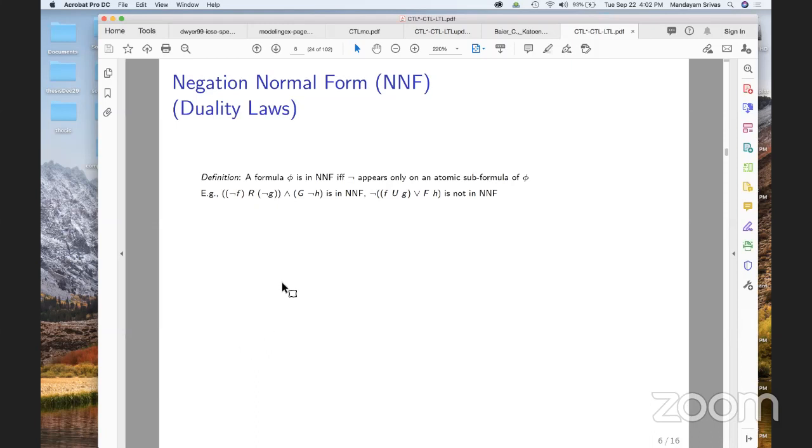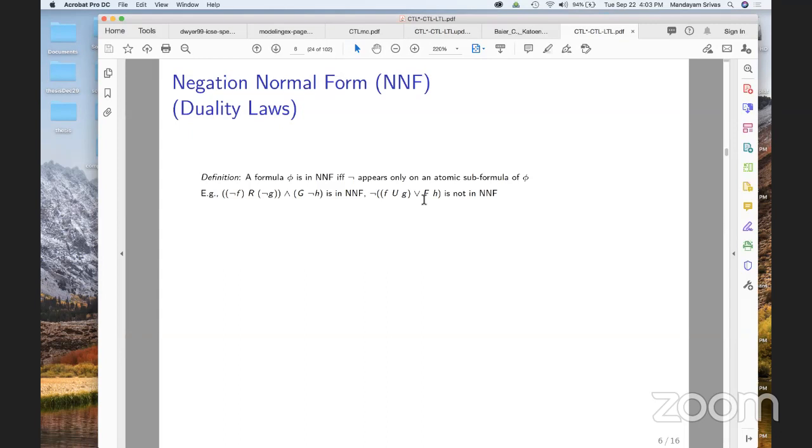So what is a negation normal form? A negation normal form of CTL star is one in which the negation occurs only at the leaves. For example, this one is in negation normal form, whereas the first formula and the one on the right side are not.